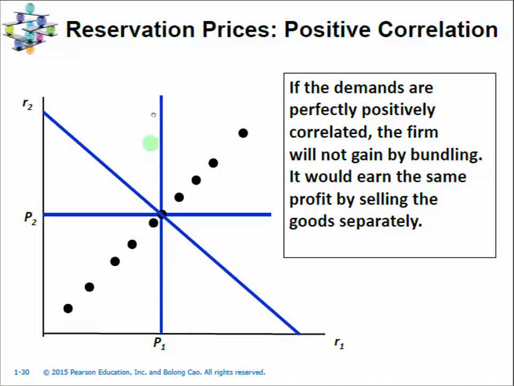But if we just price the products separately, according to this dot in the middle, we still capture all these customers. There's no difference between the bundling price and pricing the two products separately. So when you have positively correlated reservation prices, bundling does not really help.